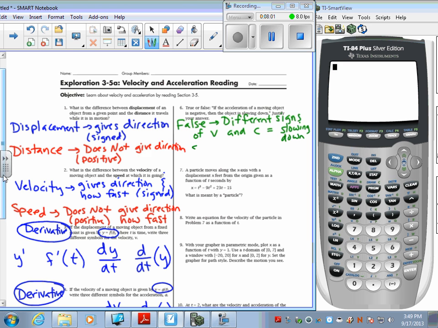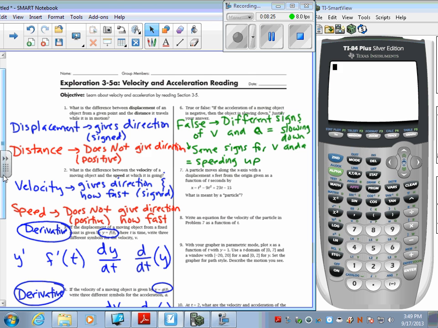However, if I have the same signs for velocity and acceleration, then, sorry, that's an A, not a C, then that means we're speeding up. They're working in the same direction to increase the speed of the car.